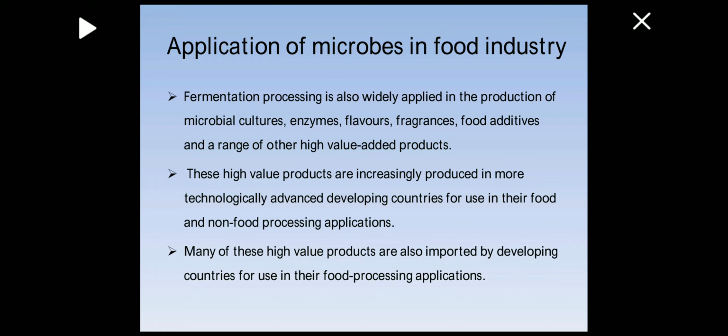These all are the food products to which, as a result of fermentation, a certain component of the fermentation product is added. By adding those specific value added elements or compounds to that food product, that can increase the flavor, the fragrance. It can be used as a food additive and in other high value products.